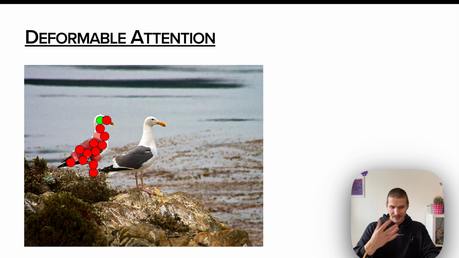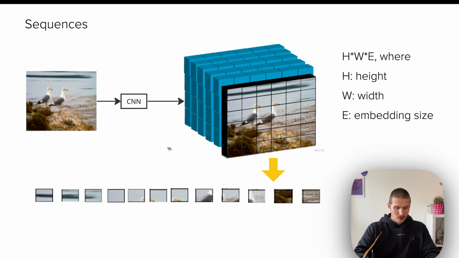And then maybe after the second layer, those points themselves will attend to something, and then the effective receptive area after a couple of layers should cover the bird completely, but then nothing else. So we give this extra ability for the network to decide where exactly to focus, instead of having to compute all those pairwise interactions.